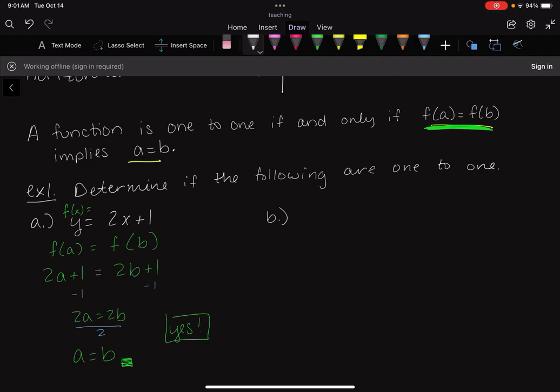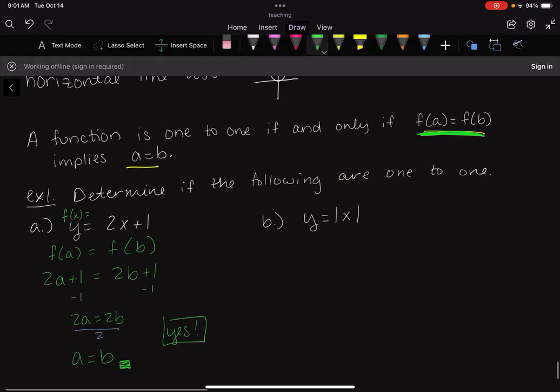Let's do another one, and this one is not going to be one-to-one. And so again, what I'm going to do is start with f of a equals f of b, which just means plugging in a and b. Now the issue is when we do the absolute value functions, remember that they have multiple options.